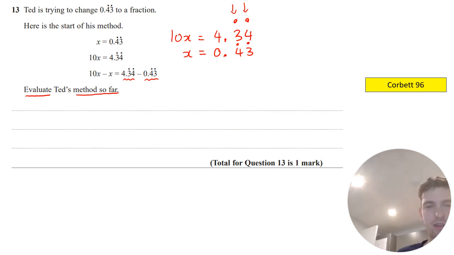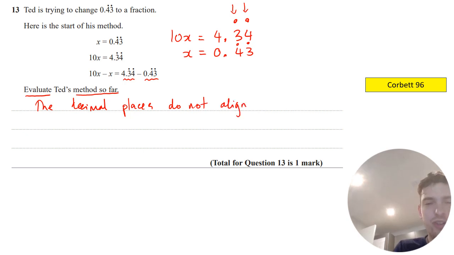So let's say what he's done wrong. Let's say the decimal places do not align. What should he do? Well, I think he should do 100x minus x.